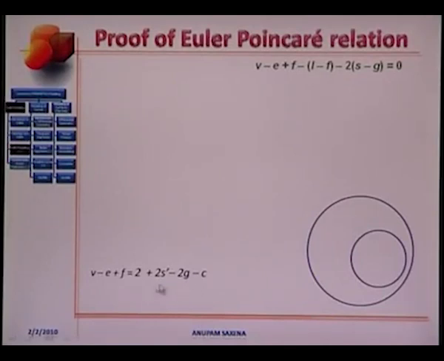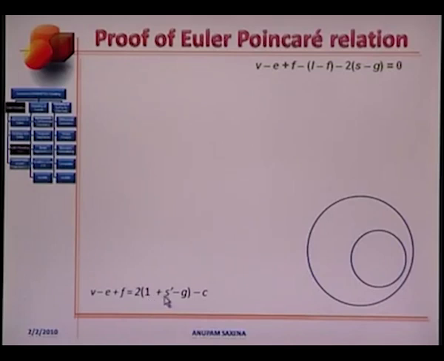I can manipulate this right hand side further. I can factor 2 outside, and I can rewrite the right hand side as 2 times, within parenthesis, 1 plus S prime minus G minus C outside the parenthesis. Once again, S prime is the number of additional shells that I have introduced within the parent shell.